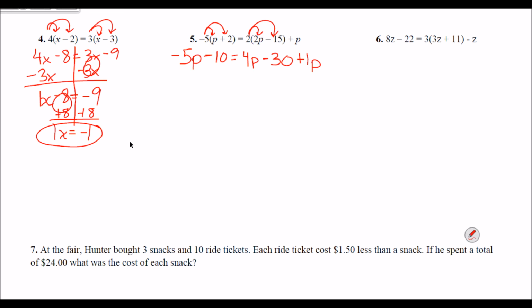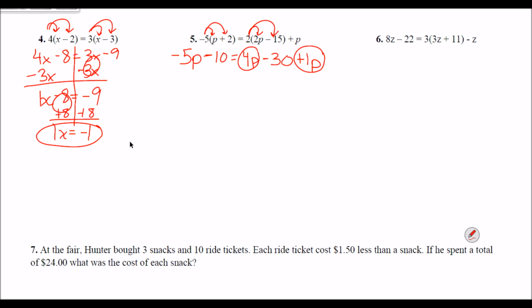All right, left side of the equation, I have negative 5p, subtract 10. One has a variable, one doesn't, so they are not like terms. They cannot go together. However, on the right side, I have a 4p and I have a 1p. So what we do is we put them together by whatever sign is in front of the second like term.